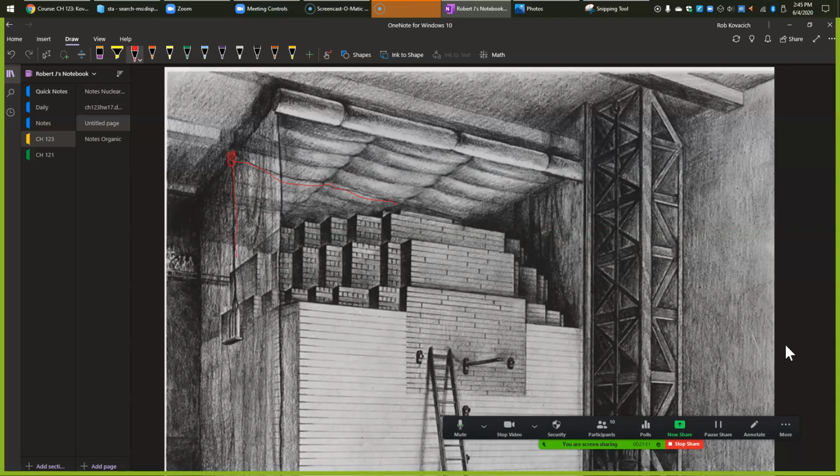There's a control rod that you can't see that's right here, and there's going to be a guy standing right here on this rail, and this guy's got an axe. He's going to cut the line, and when he cuts the line, then the control rod will fall into the reactor and turn it off.